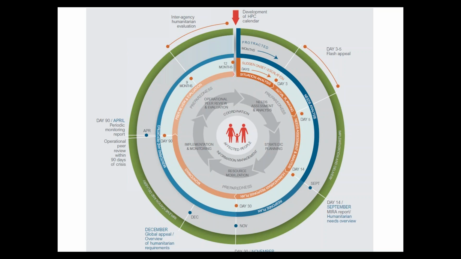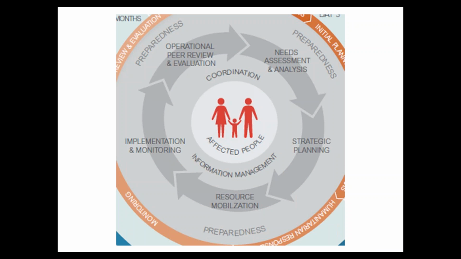It does provide a way for us to look at the situation. So this is the more in-depth component of it. What you can see there is that there are 6 key elements in the cycle. We've got emergency response preparedness, which is around the outside, the needs assessment and analysis, which is the first component on the arrow here, and then you've got the strategic response planning, which is now also the humanitarian response planning.